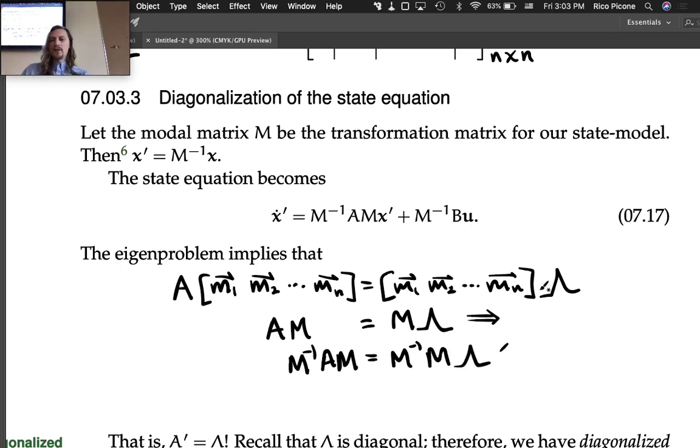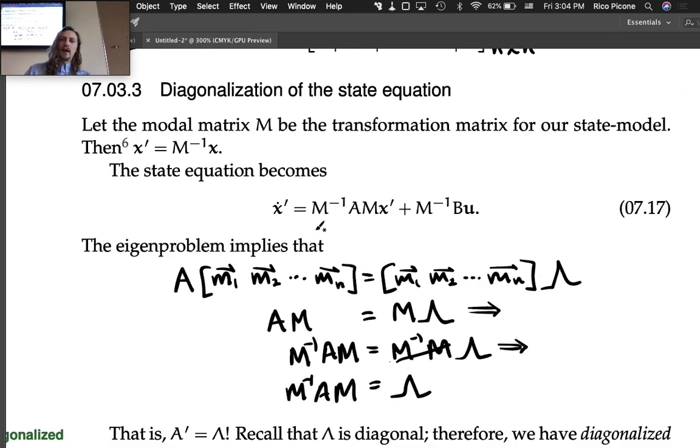Those cancel, and this is just equal to lambda. So M inverse AM, which is our new A matrix, is just equal to the eigenvalue matrix, which is pretty cool. Okay?